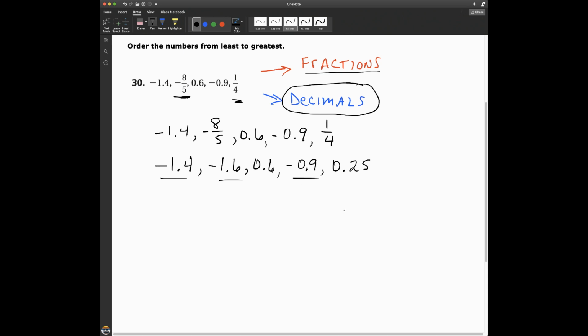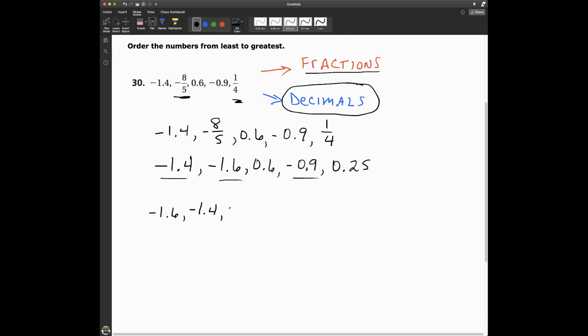All right, so let's focus on these negative values first. Which one of those numbers is the farthest from 0? The one that's the farthest from 0 would be negative 1.6. Between negative 0.9 and negative 1.4, which one is farthest from 0? Well, negative 1.4 would be farther away from 0 than negative 0.9.